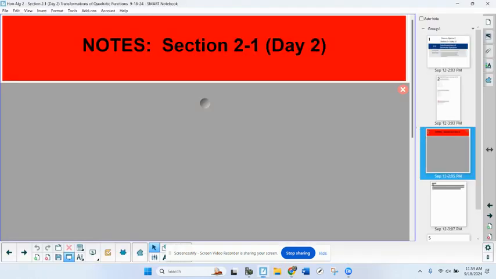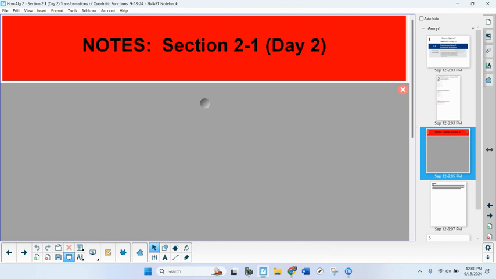Alrighty, so we are going to do section 2-1, day 2. And like I said, our notes are pretty quick. The one thing you need to keep in mind as you do tonight's homework, and as we look at today's notes: when you are asked to do a transformation, followed by this transformation, followed by this transformation, you need to clean up each transformation before you go on to the next.